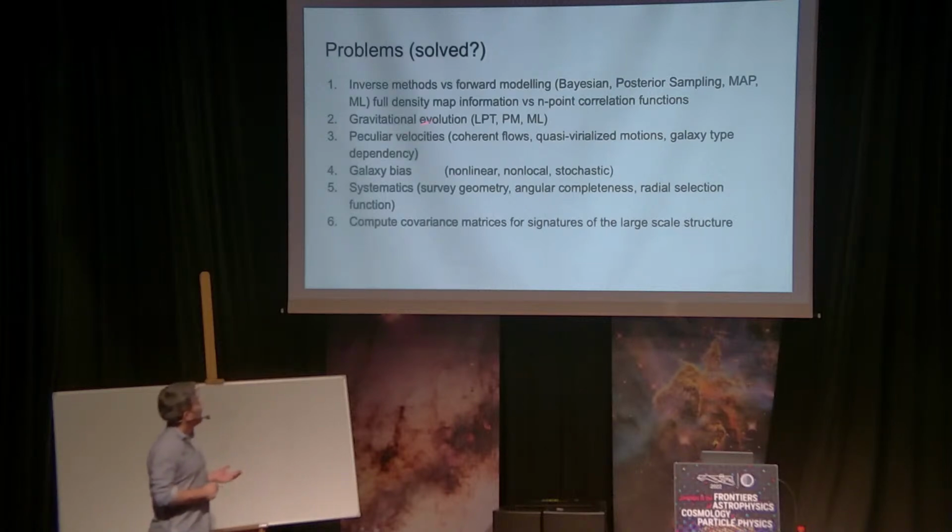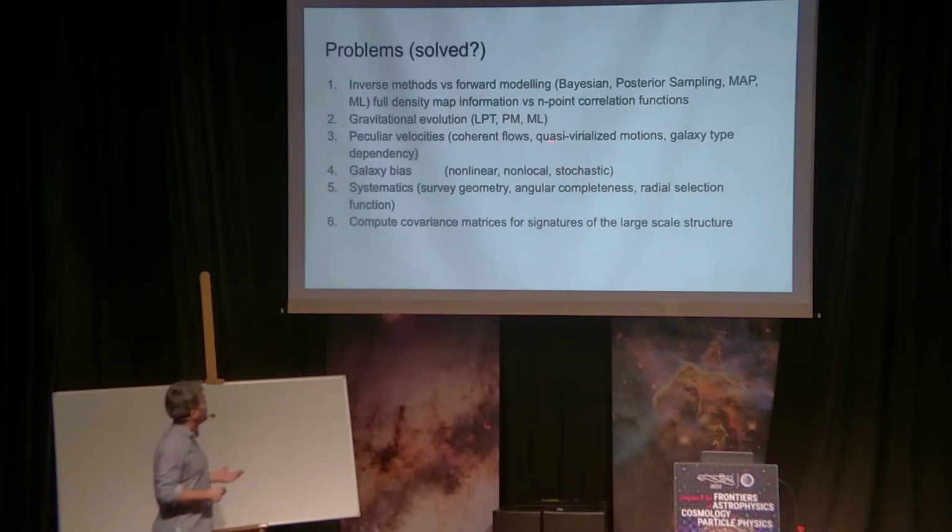Then there's a lot going on precisely in this forward modeling by having efficient gravitational evolution, not only N-body simulations, but based on Lagrangian perturbation theory, particle mesh codes, or machine learning again.